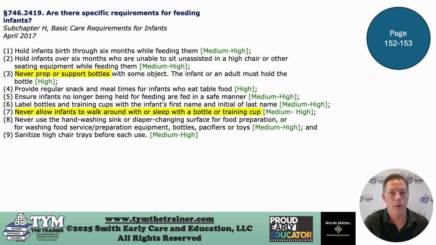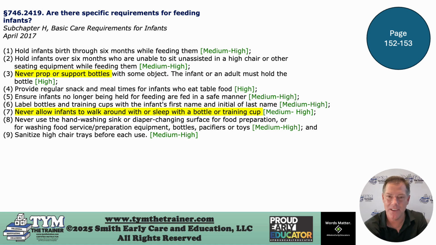All right, when we talk about feeding an infant right here, you see your expectations under 2419. Number 3, never prop or support a bottle with an object. That is a big no-no right there. That is a high risk deficiency, and that could lead to an administrative penalty if you get cited for propping a bottle. And then number 7 is another very commonly cited item. Never allow infants to walk around with or sleep with a bottle or training cup.